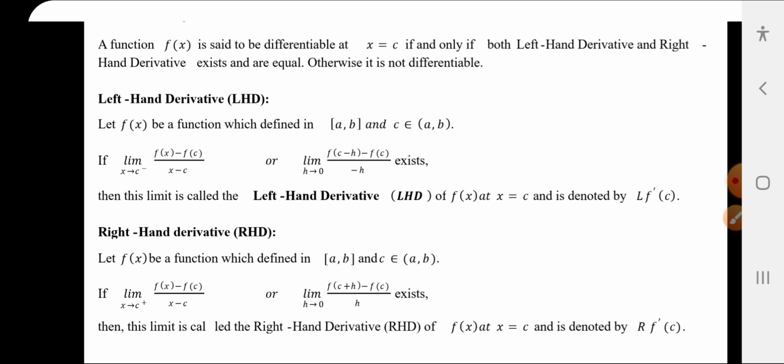If left hand derivative is 10 and right hand derivative is 10, both exist and both are equal, then we say the function f of x is differentiable. If left hand derivative is 10 and right hand derivative is minus 10, both exist but are not equal, then the function is not differentiable at the point x equal to c.